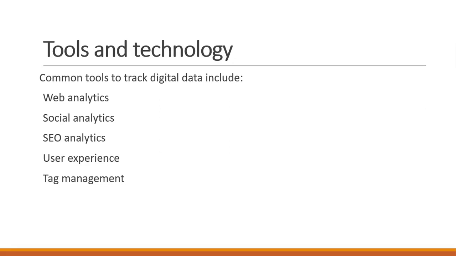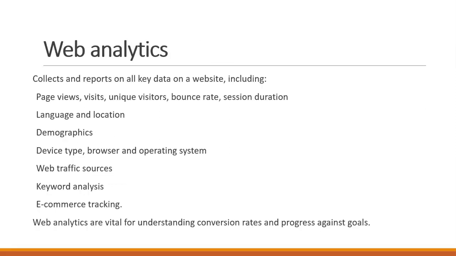We can collect surveys from users. We can also look at different web analytics to see how our users experienced our website, and then tag management, which helps us look at our web analytics. Tags are pieces of code that are written into a website that allow for tracking.